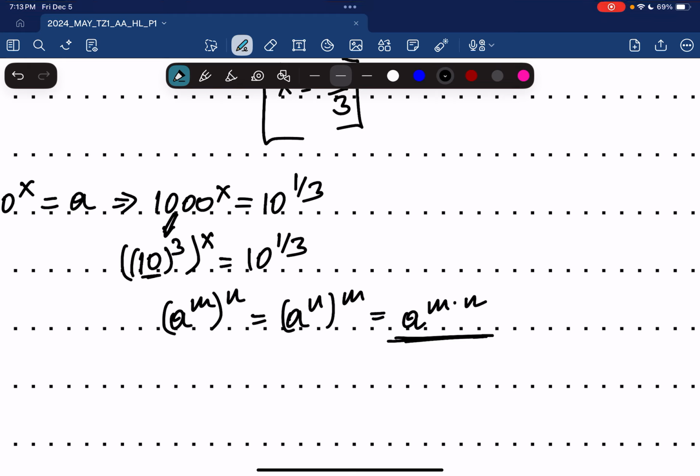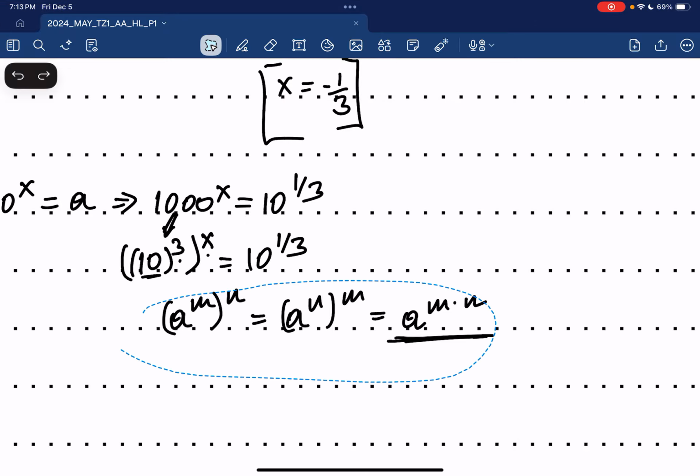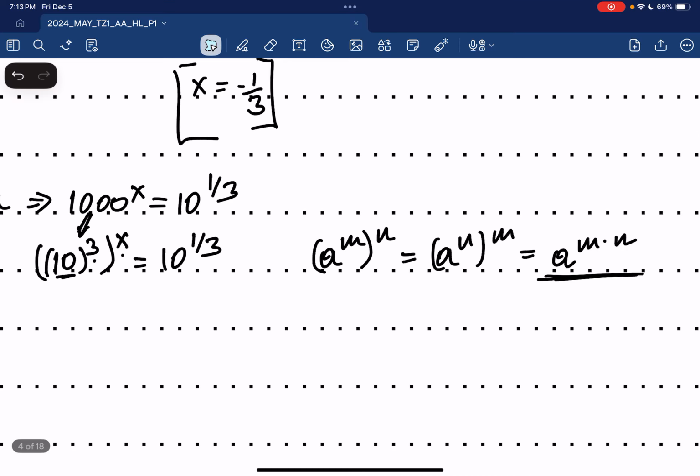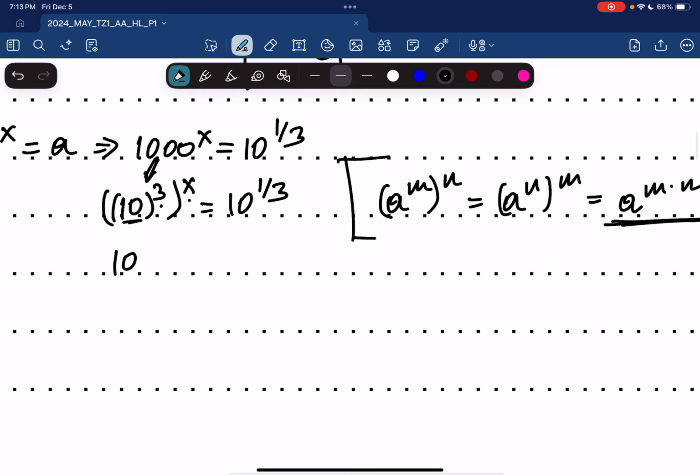Using this rule, I know that my m can be 3 and my n is going to be x. I should not have erased that. Using this, I'm going to write 10 to the power of 3x is equal to 10 to the power of 1/3.